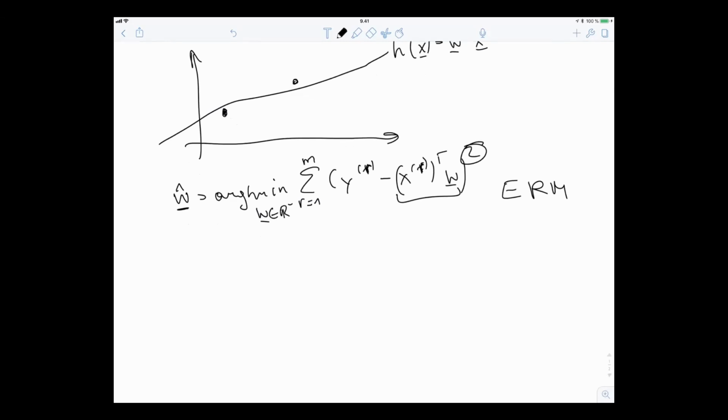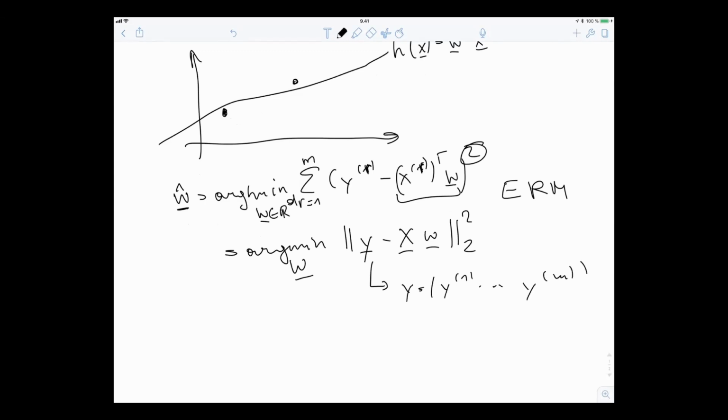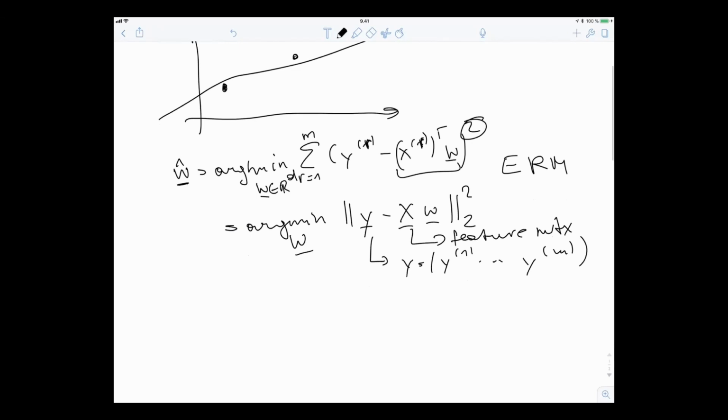And we can rewrite this as argmin of the squared Euclidean norm of y minus X times w. Here this vector y holds the labels, and then we have the feature matrix X, which holds the feature vectors of the individual data points as its rows.